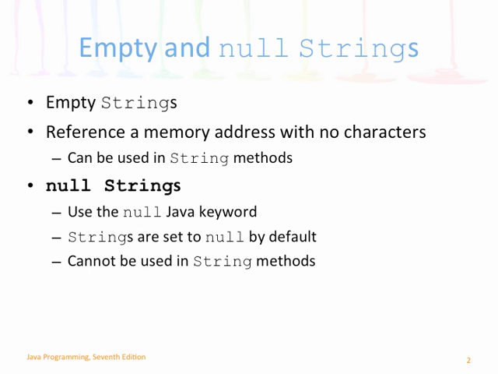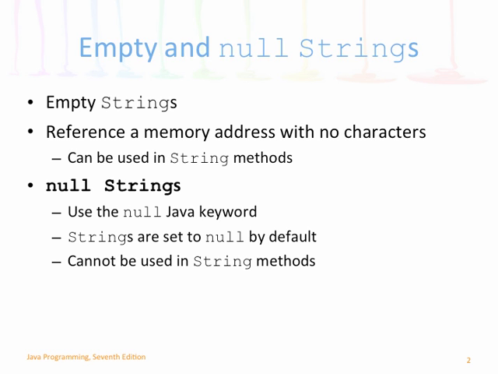The other thing is the word null, and you can set a string variable equal to null, and what that will do is put the Java keyword null, N-U-L-L, in the reference variable. So there won't be an address of an empty string, there will be the word null, meaning explicitly nothing.